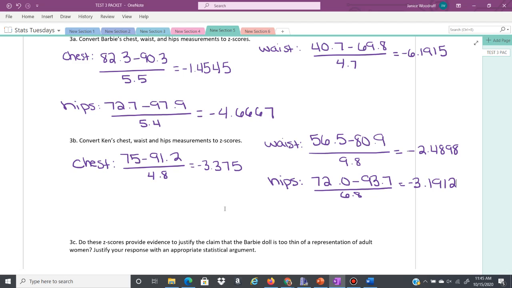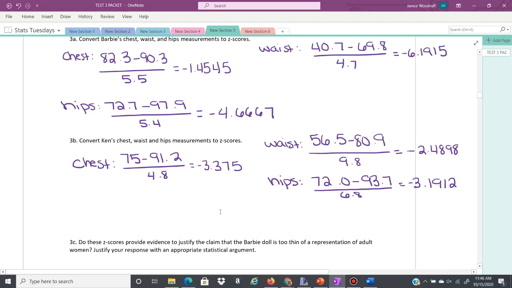Did anybody want to share their response to this part of the question? Okay, well, I might write something like this.